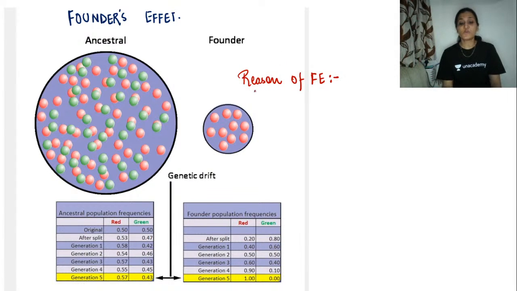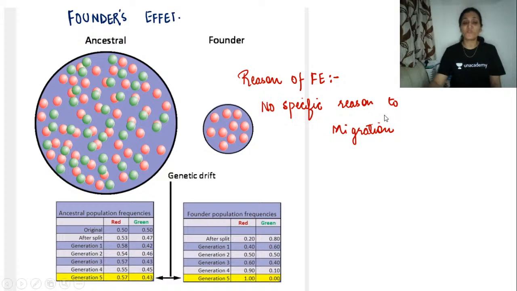The reason of the founder effect is migration, but with no specific reason for the migration. They are migrating, fine, but there is no specific reason why they are migrating.